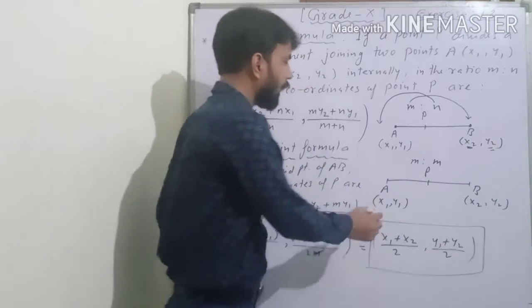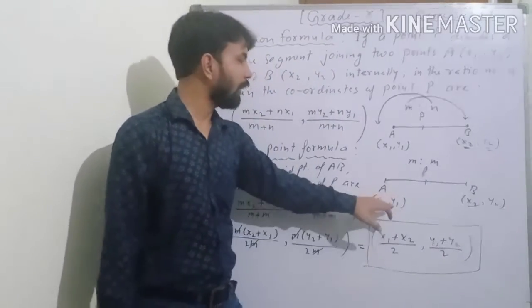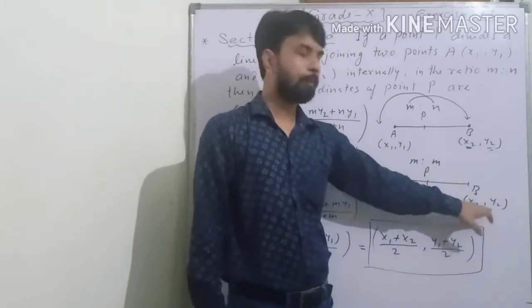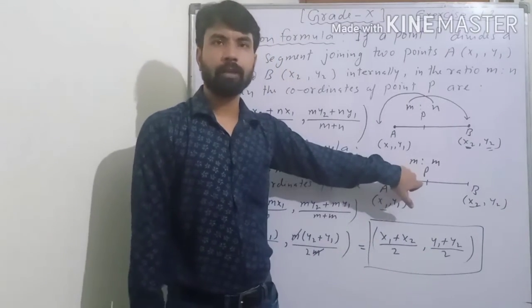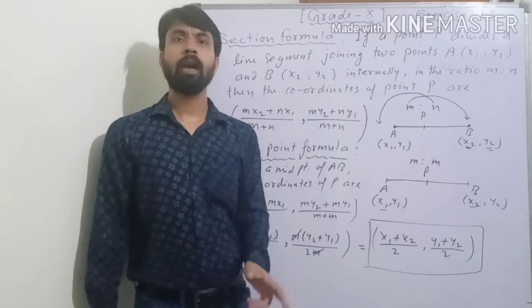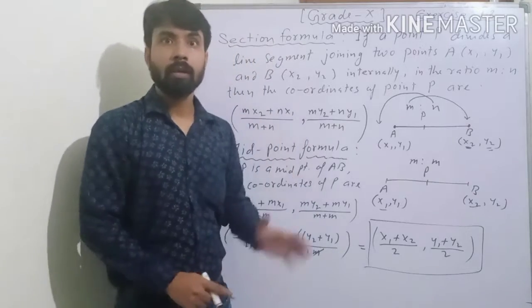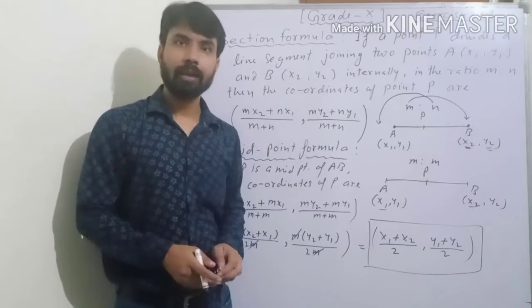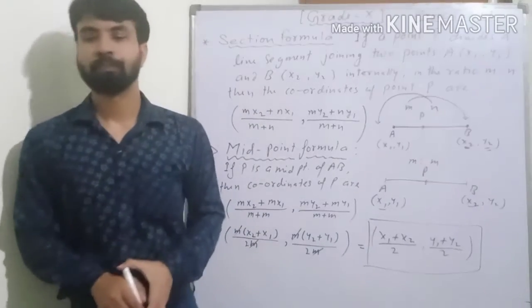Means we will add the abscissae of both the points and divide by 2, and we will add both the ordinates and divide by 2. Then we can get the coordinates of the midpoint. Understood? Hope it is clear. So these two formulae you have to keep in your mind. Then only you can solve. You can solve exercise 7.2. Understood? So students, pause the video and note these formulae.